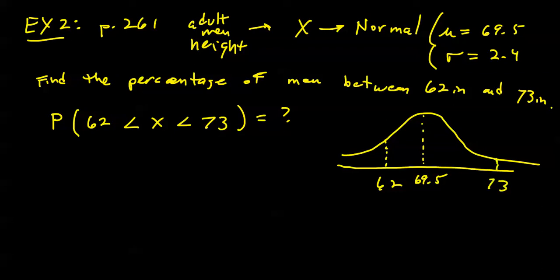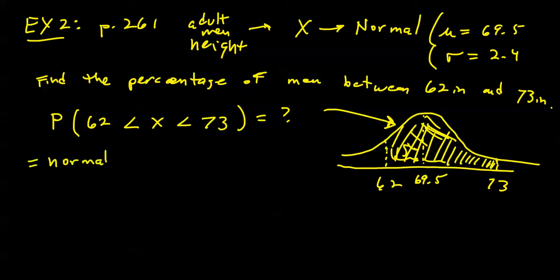Now I would guess 62 is 5'2", 73 is 6 foot 1 inch, right? So I would expect a large portion of men to be between these limits. Shade it in. This shaded area is the probability I seek. Alright, again, I'll punch it out with my normal CDF command in this non-standard normal distribution.